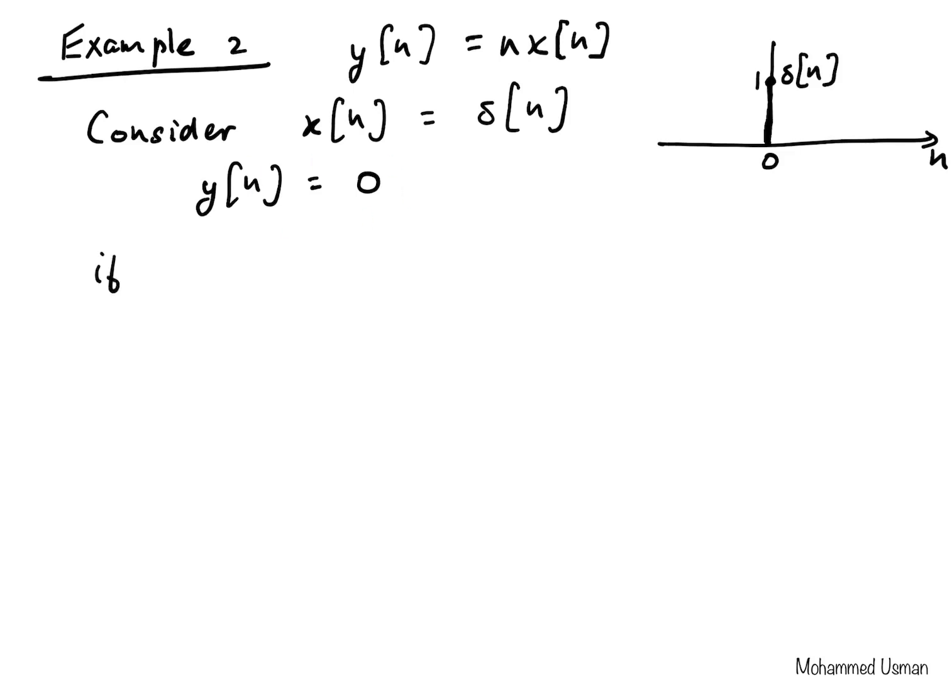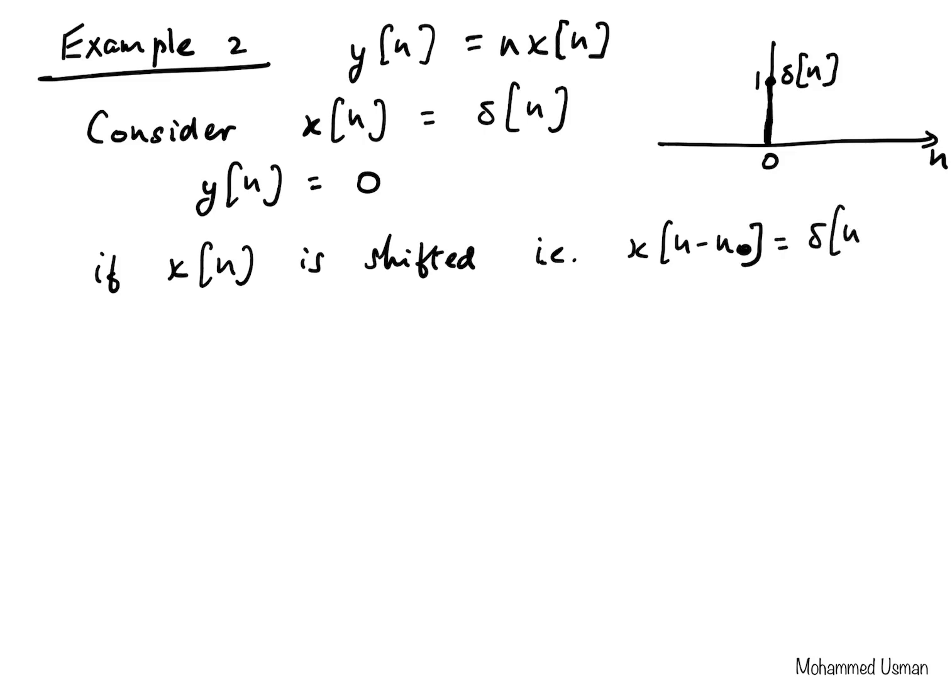So let's see, if x of n is shifted to the right, for example, x of n minus n naught, then we'll have delta of n minus n naught. Let's fix some value for this n naught.